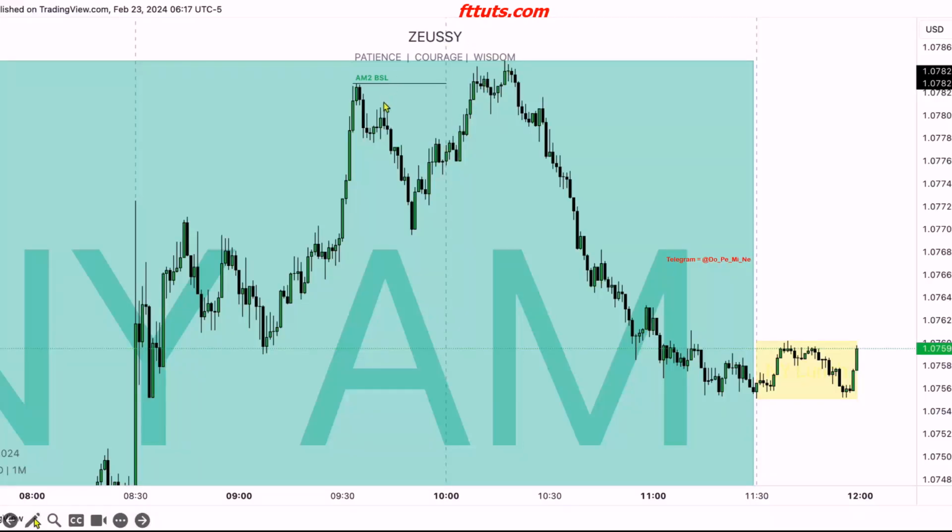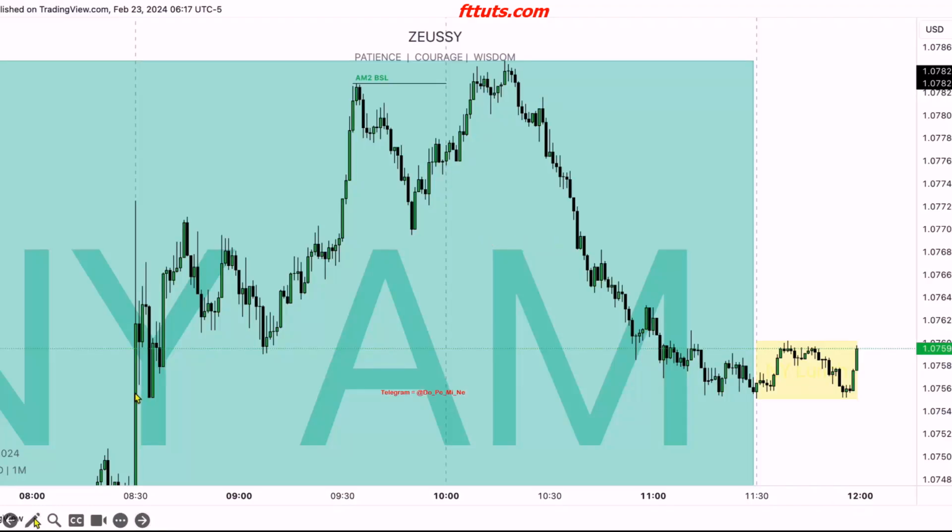And then the moment that price comes above the second AM cycle's buy side liquidity, between 9:30 to 10:30, I apologize for not having it on my chart right here, but you can see that this is where 10:30 is and this is where 9:30 is. What we can see is that buy side liquidity gets taken, it gets purged, and the market begins to roll over back into the 8:30 news candle.